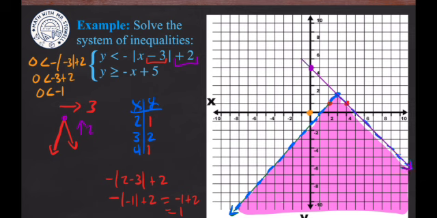Interesting that it just nicely overlays that right there. And let's figure out where we shade. 0, 0 is not on here, so let's choose 0, 0. 0 bigger than or equal to 0 plus 5. That's not true, so we are going to end up shading this way. The opposite direction.